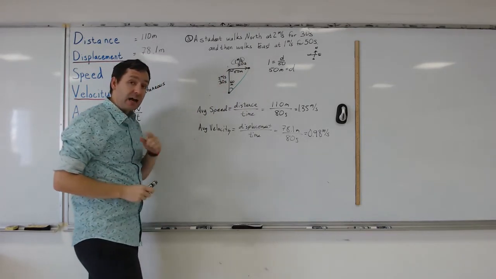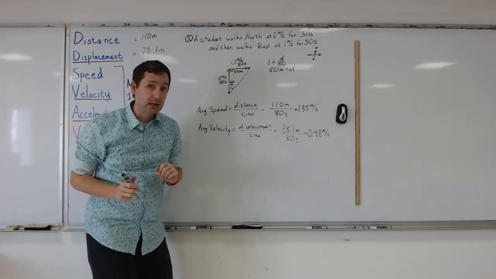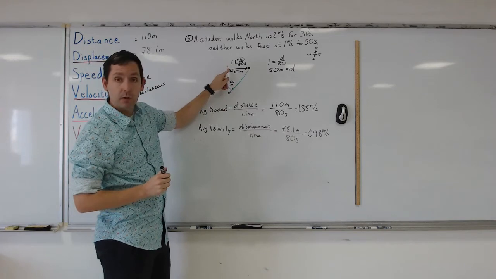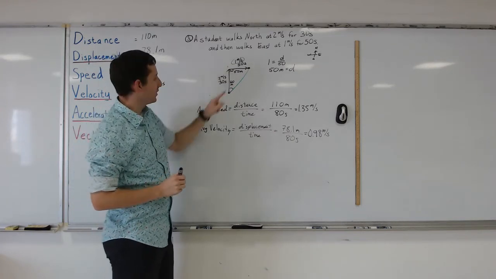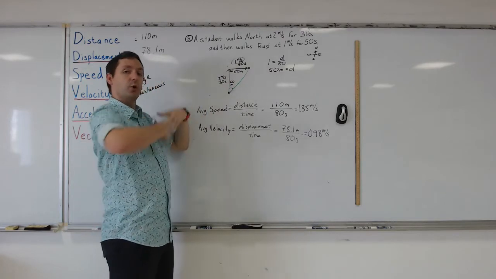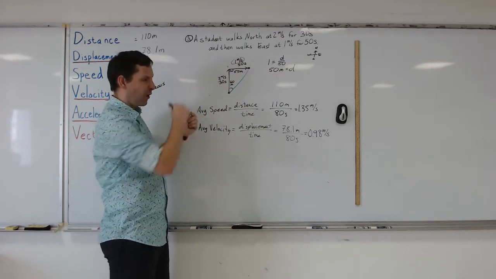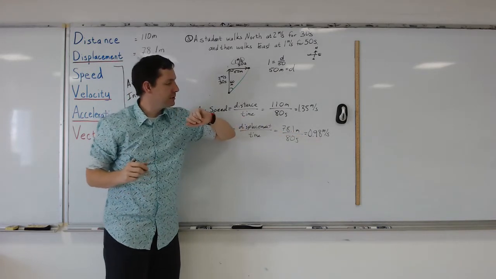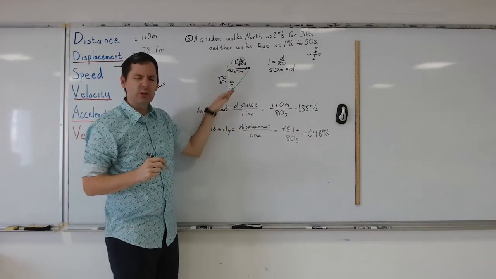Now, if it asked for the instantaneous velocity here, it would be 2 meters per second up. Instantaneous velocity over here would be 1 meter per second to the right. But when you put all that together and get an average of all these little vectors and directions, it ends up giving you 0.98 up to the top right.